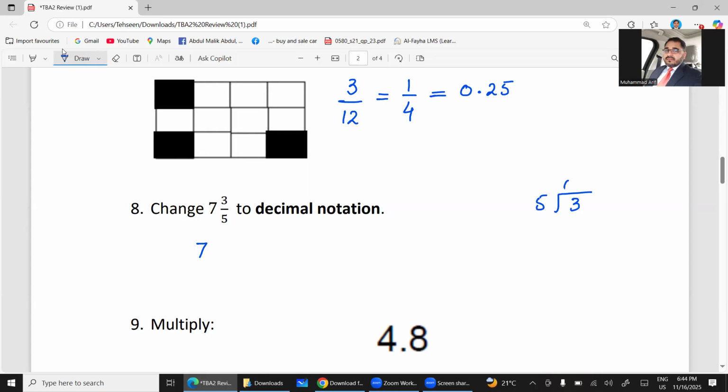As 3 is small, we can write here a point and 0. How many 5s? 6 5s are 30. 30 minus 30 will be 0. So 3 divided by 5 is 0.6. 7 as it is, and 3 by 5 is 0.6. Then the answer will be 7.6.